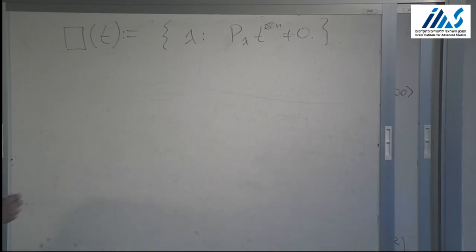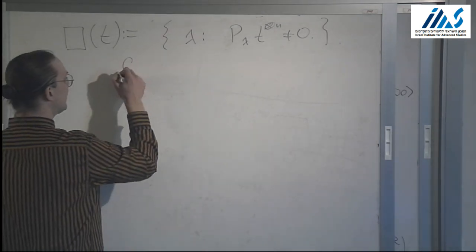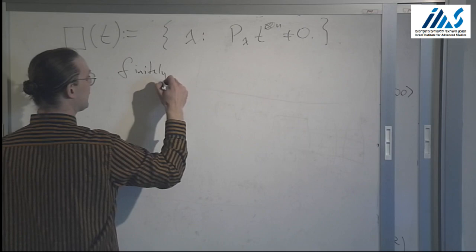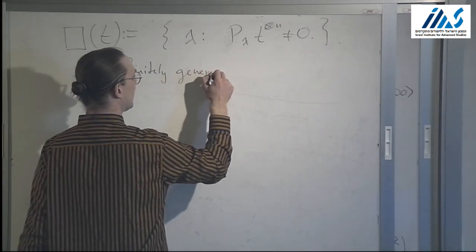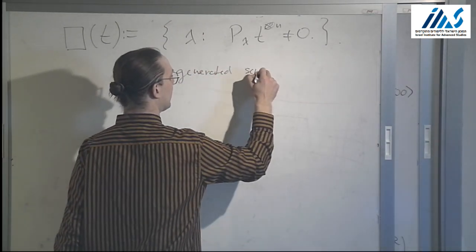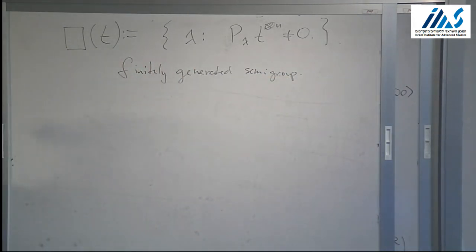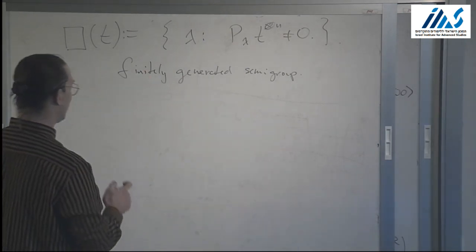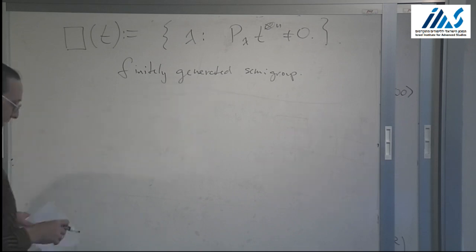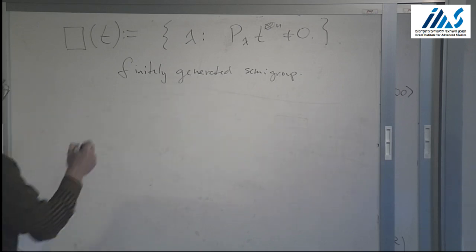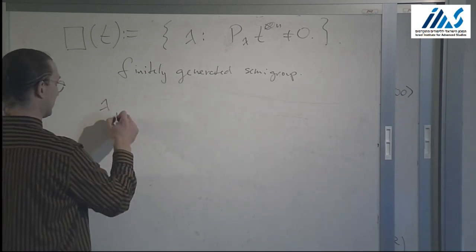Call this delta of T. This turns out to be a finitely generated semigroup. Whatever that is, it's got a structure. It's finitely generated. It's kind of like a cone of some sort.